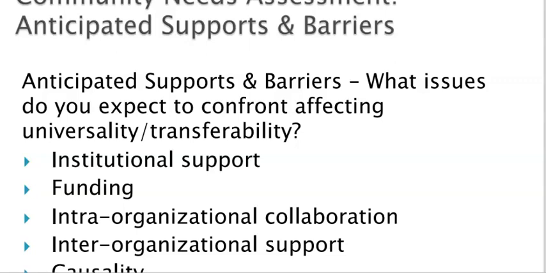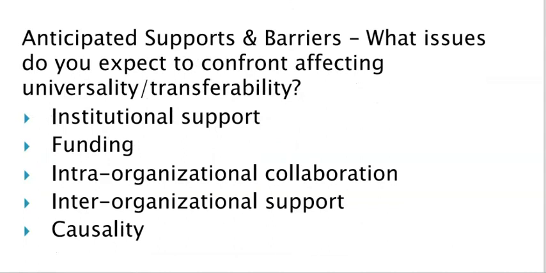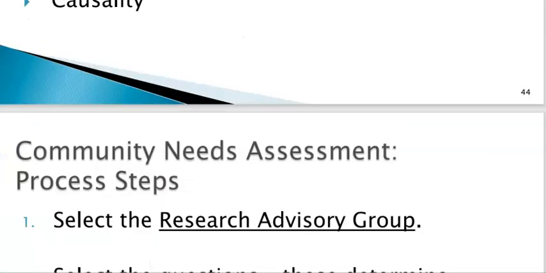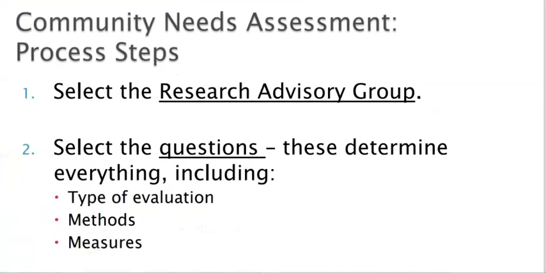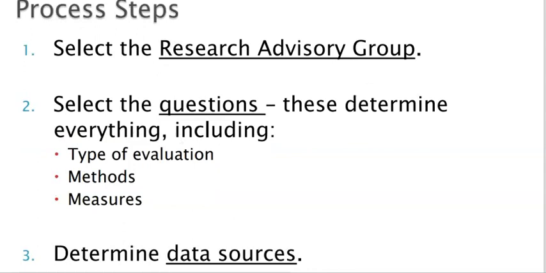Anticipated supports and barriers. What issues do you expect to confront affecting universality and transferability? Institutional support, funding, inter-organizational collaboration, inter-organizational support, or causality. So what are some of the process steps?